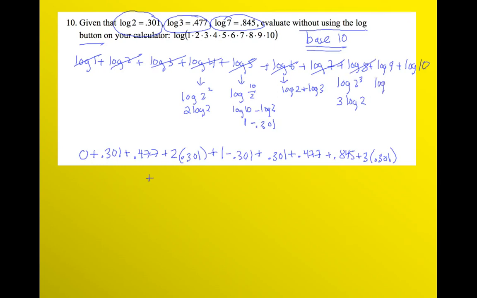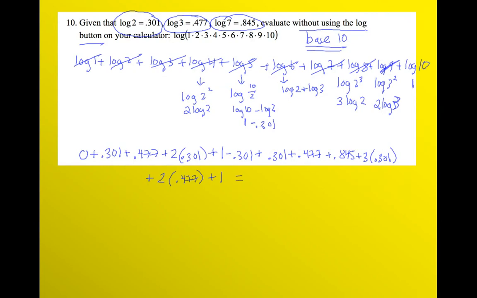That's the log of 3 squared, which is going to be 2 log 3. And then the log of 10, we actually talked about this one. So 10 to what power is 10? That's just 1 if the base and the argument are the same, right?